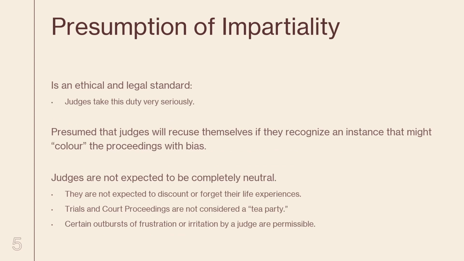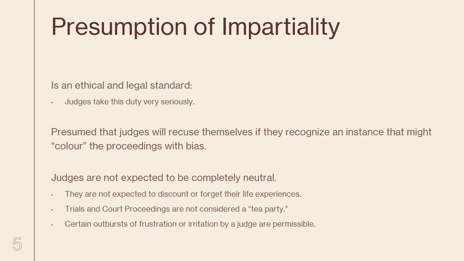Continuing with this presumption of impartiality, it's a long-standing and widely respected principle within the Canadian legal system. It reflects the duties that judges take an oath to uphold. And judges take this duty very seriously, and the courts recognize this.